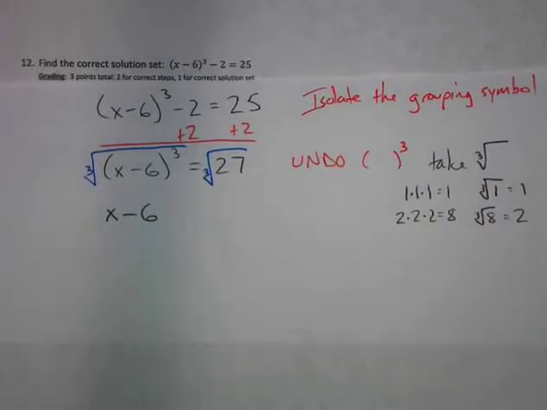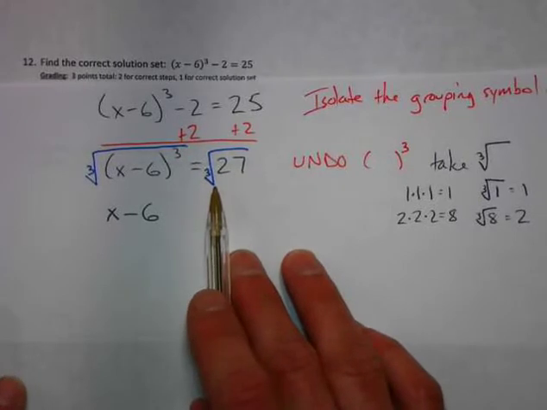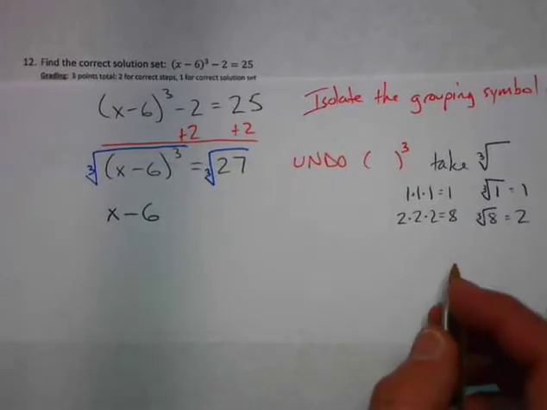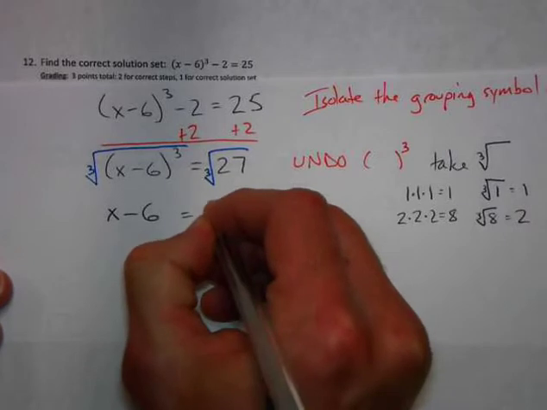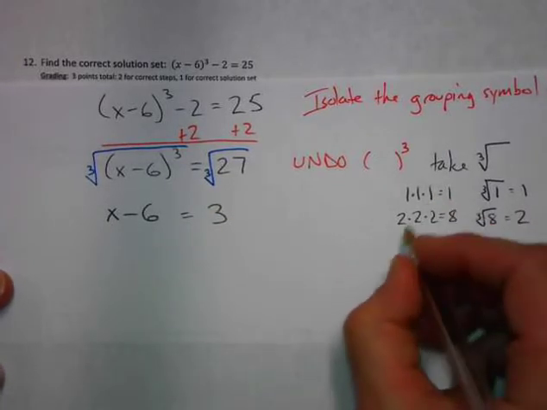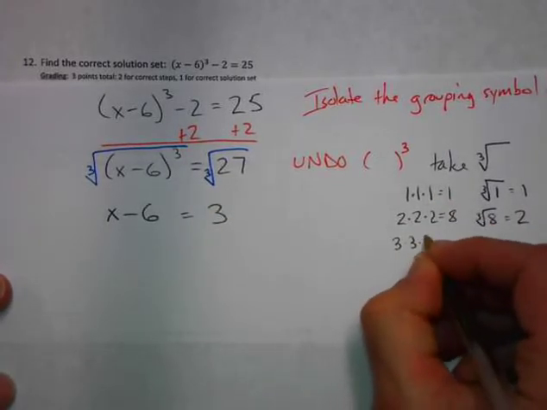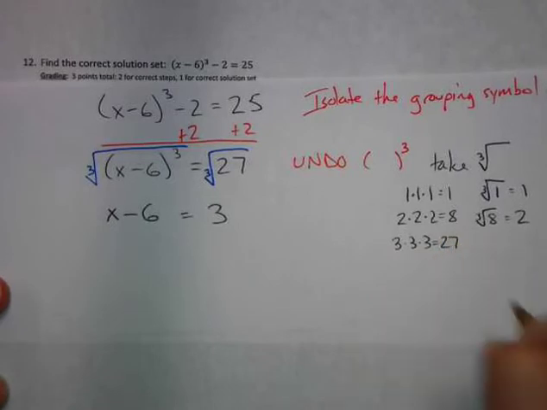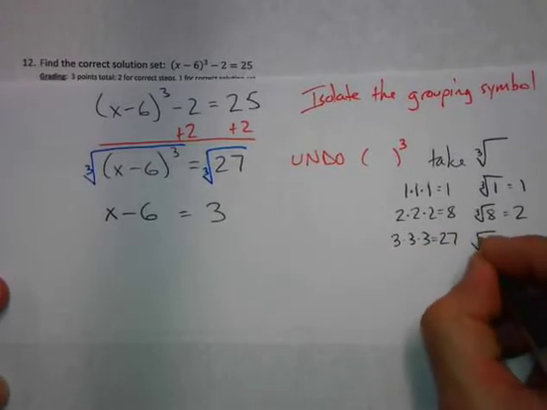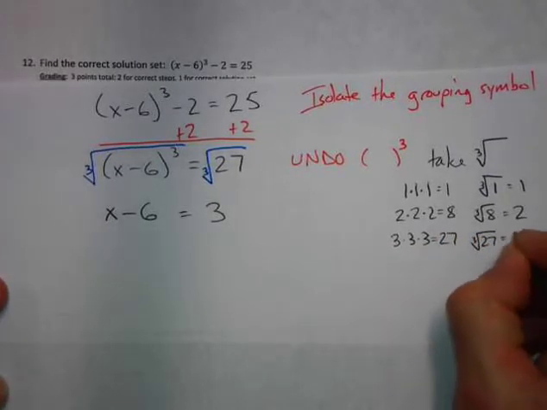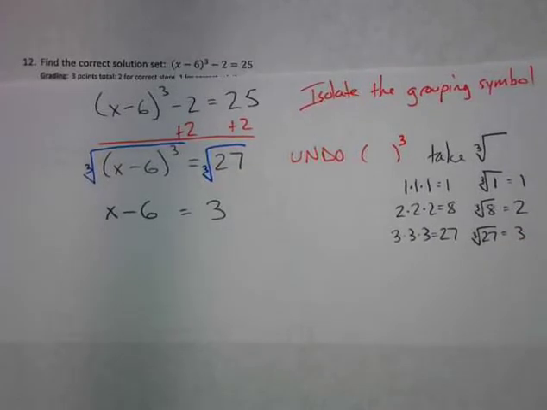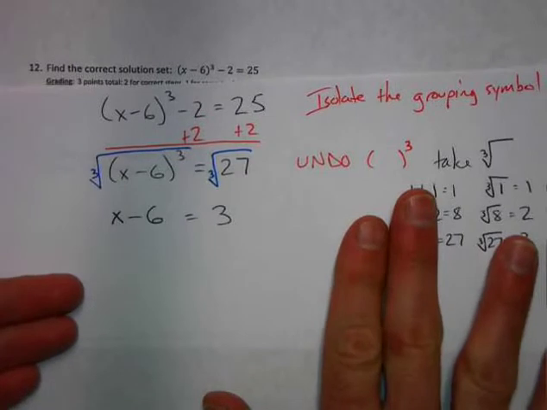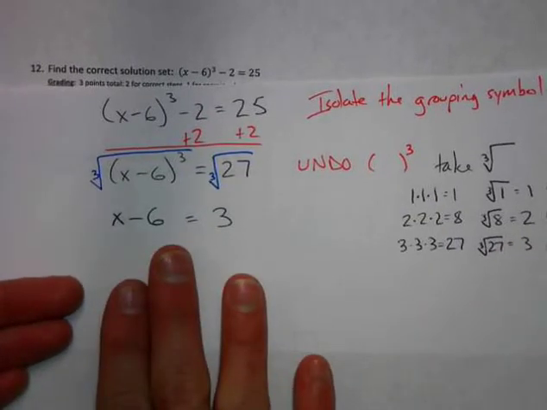So what times itself 3 times gives us 27? Lo and behold, 3. How do we know? 3 times 3 times 3 is equal to 27, so the cubed root of 27 is equal to 3. So we've undone the cubed root, and this is what we have.